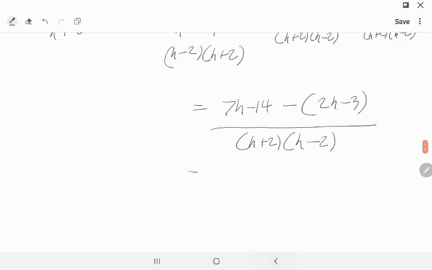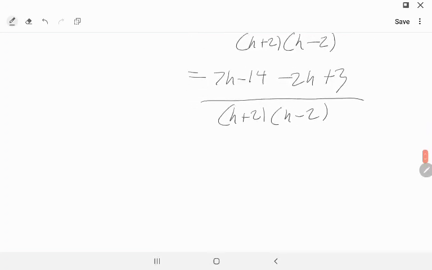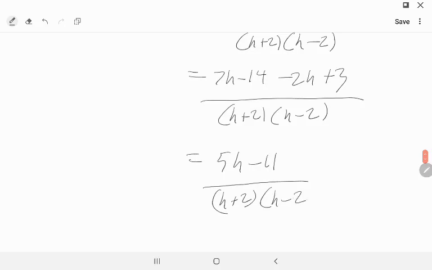And so that means we're going to get 7h minus 14 minus 2h plus 3, all divided by h plus 2, h minus 2, and so we get 5h minus 11, all divided by h plus 2, h minus 2.